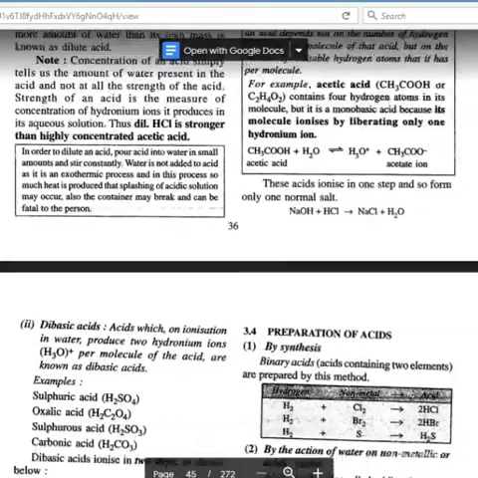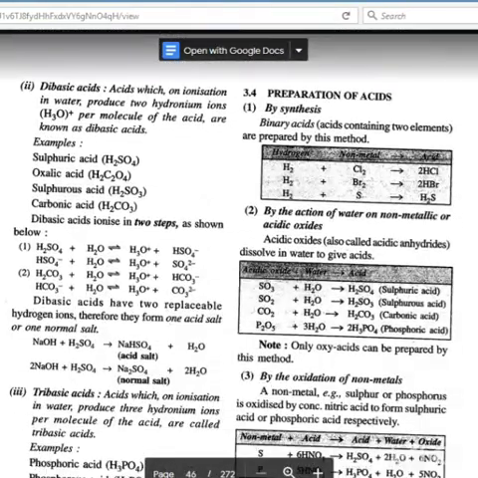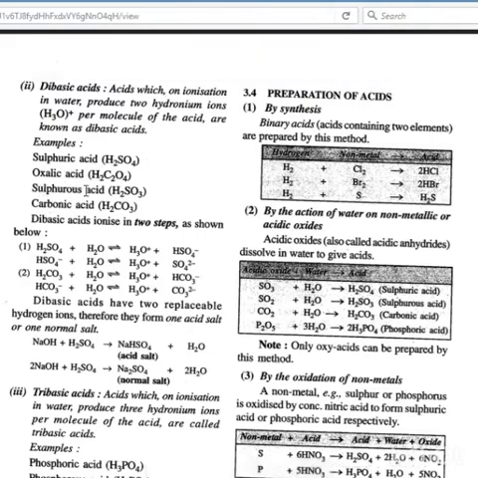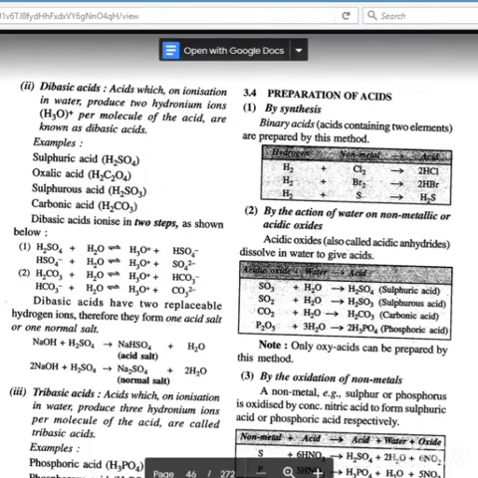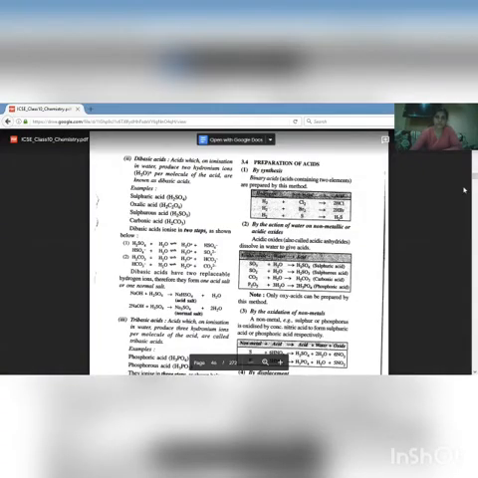Next type is dibasic, which furnishes two hydronium ions. Examples are sulfuric acid, oxalic acid, sulfurous acid, carbonic acid.